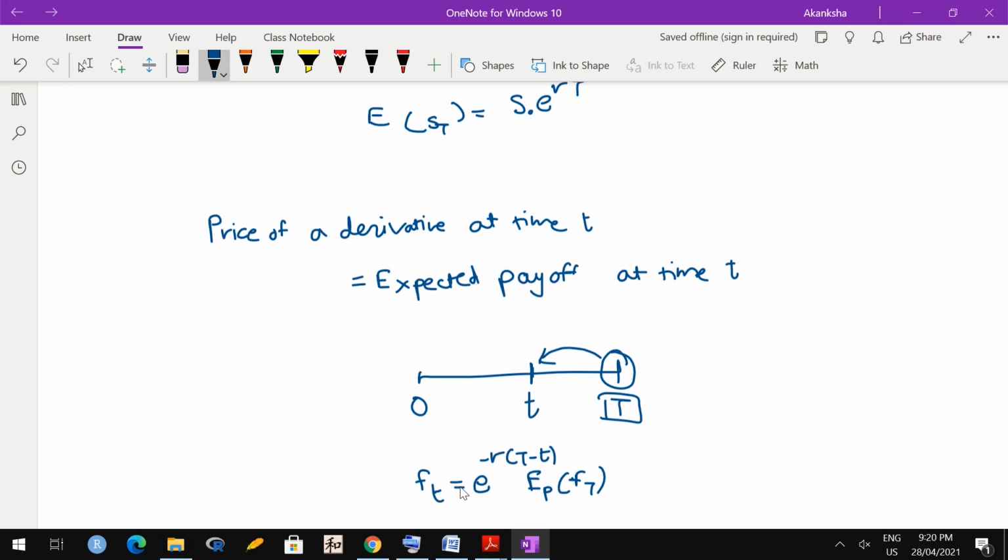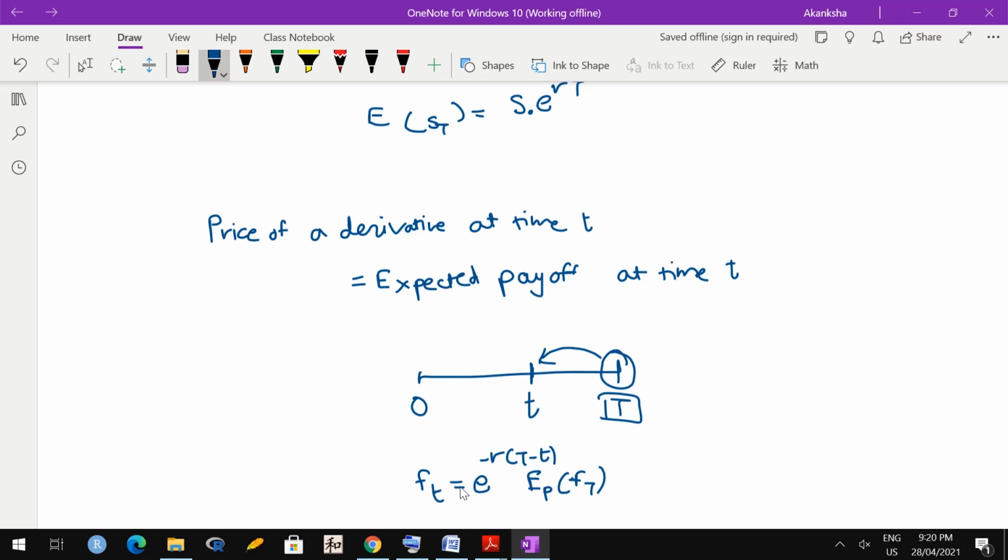Now if you try to recall, this is exactly similar to what we did in the binomial pricing model also. In the binomial tree model, we computed the expected payoff using probabilities. There were only two possible values in a single step binomial tree model, and the probabilities for computing the expected payoff came from the risk neutral evaluation. We didn't use the real world probabilities. At that time I had tried to emphasize that the real world measure and the risk neutral measure are different.